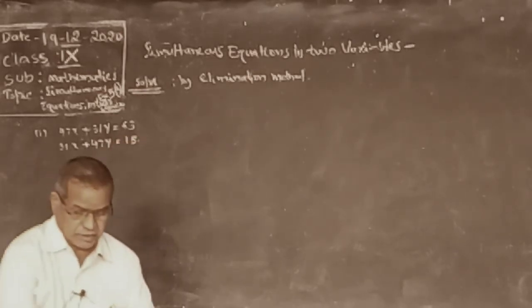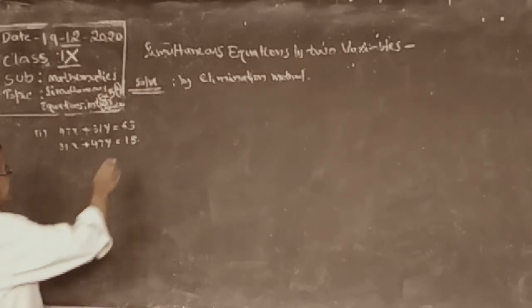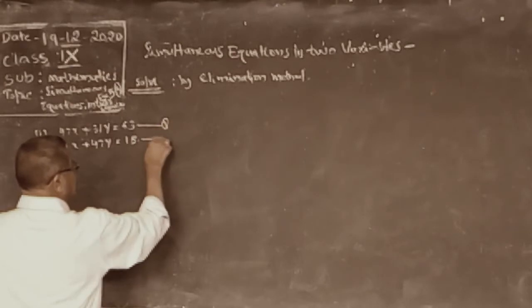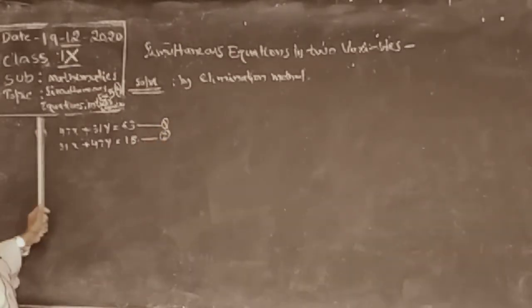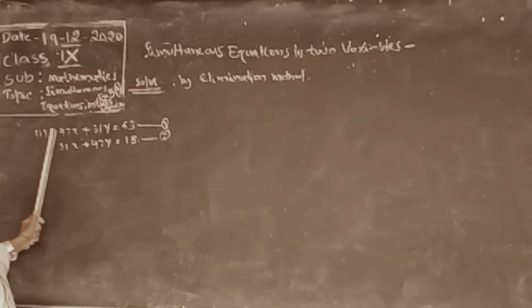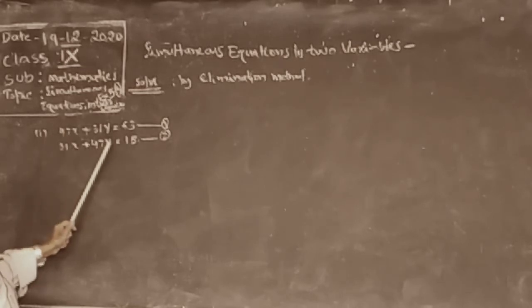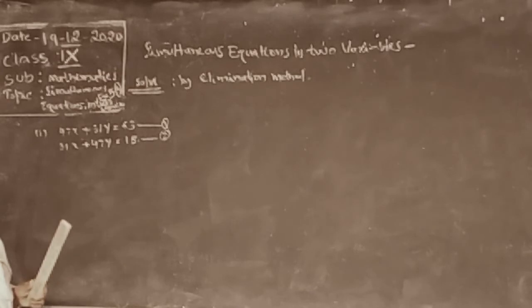Here, two equations are given. By observing, coefficients are interchanging. The x coefficient in the first equation is 47. In the second equation, the y coefficient is 47. The same coefficients are exchanged in the two equations.